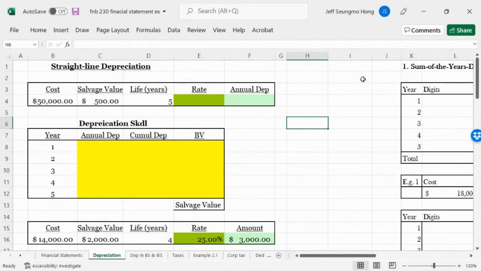But you don't want to put $20,000 in your balance sheet. Why? If you put $20,000 after 5 years, then you are only depreciating 30,000. You are only writing off $30,000 as expense. You wouldn't like to do that.